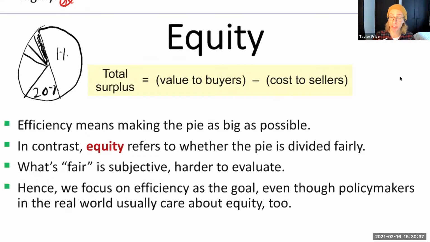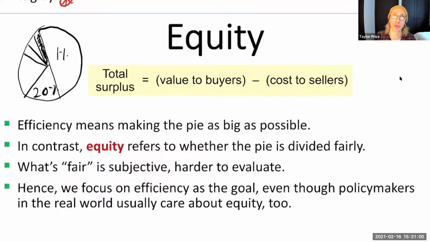Now, I personally think that economics should focus more on equity just because it's a significant portion of our economy and kind of how the economy operates. So there's some really interesting work being done on equity recently, but traditionally, economics is not focused on equity because it has this subjective nature.